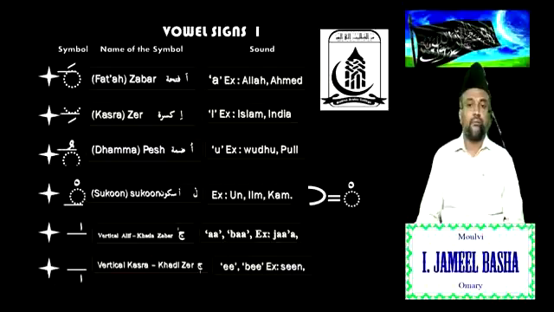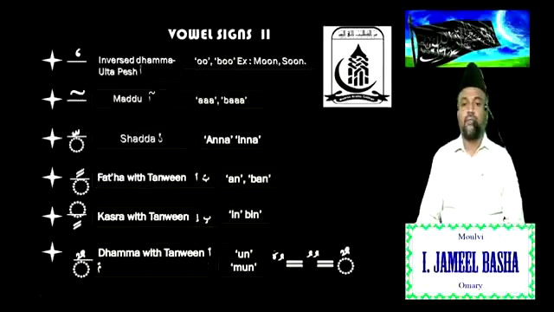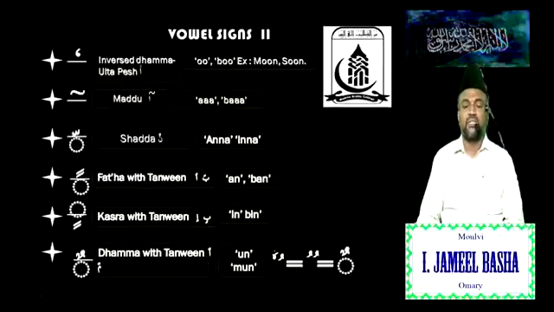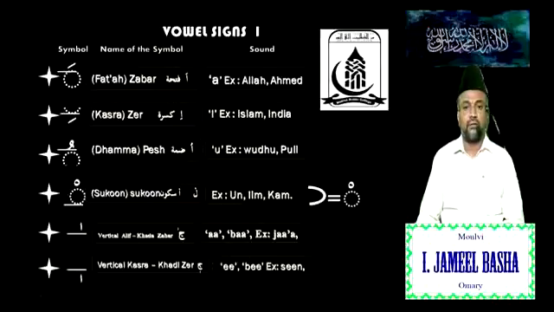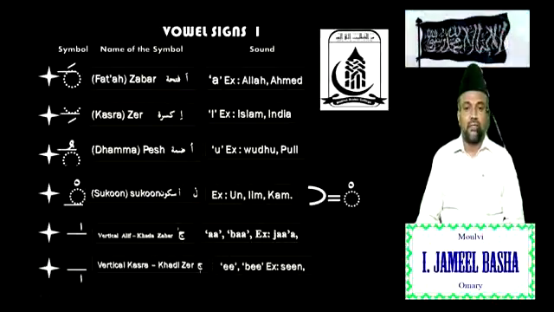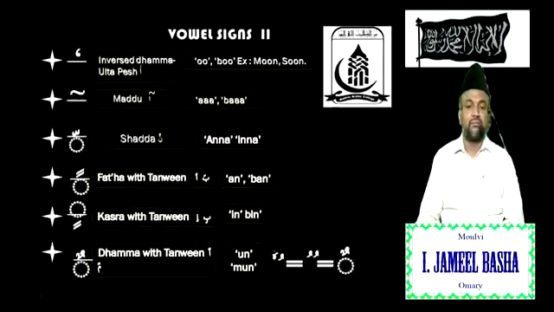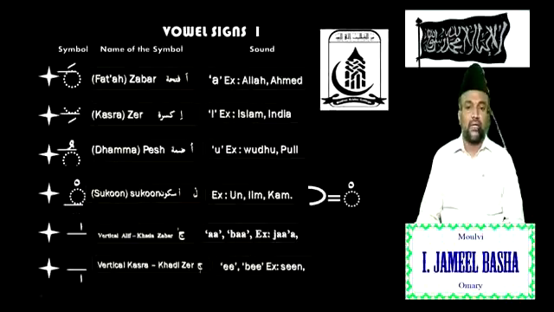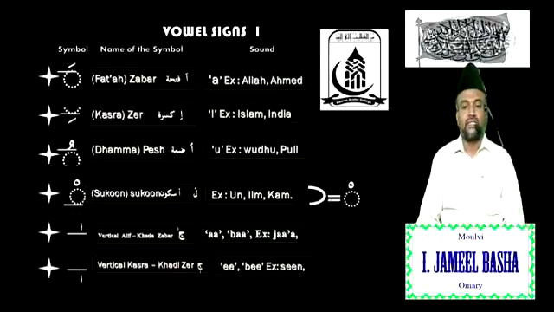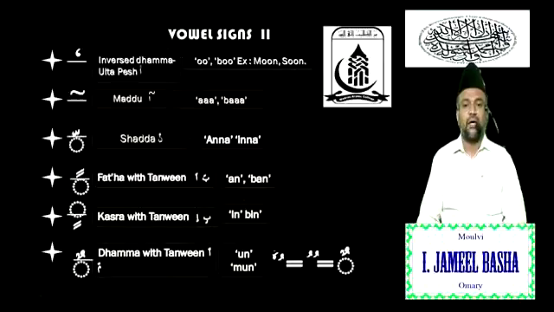And this one is inverted dhamma. That is, the dhamma we previously studied, the third line. It is inverted dhamma. The regular dhamma gives the sound of u, whereas the inverted dhamma gives the sound of oo, elongated dhamma.